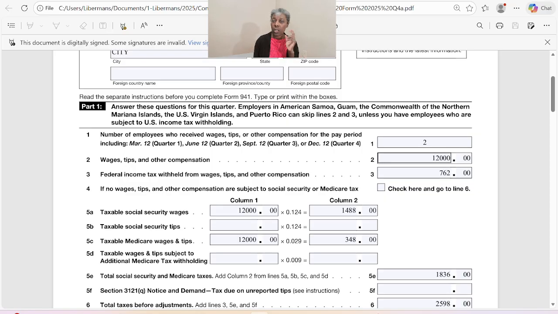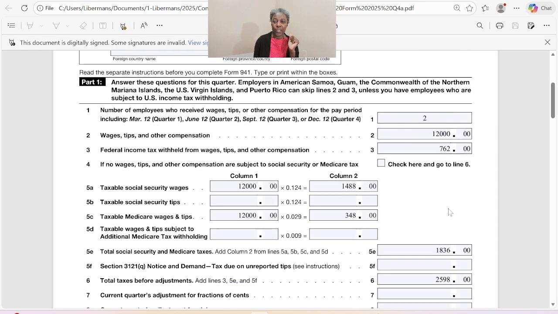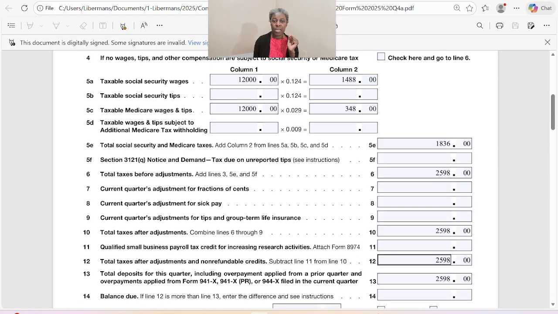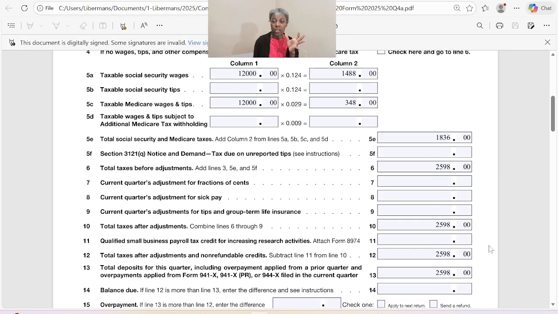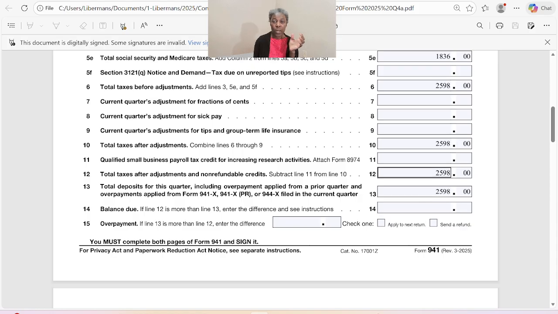Line 2, if you didn't pay anyone, it's going to be 0, 0, 0. And then line 12, how much is your payroll tax for this quarter? If that's 0, that will be 0, 0, 0. So those 3 lines, they want you to show those zeros if you do not have a dollar amount for them. Other than that, everything else that is 0, you can just leave it blank.